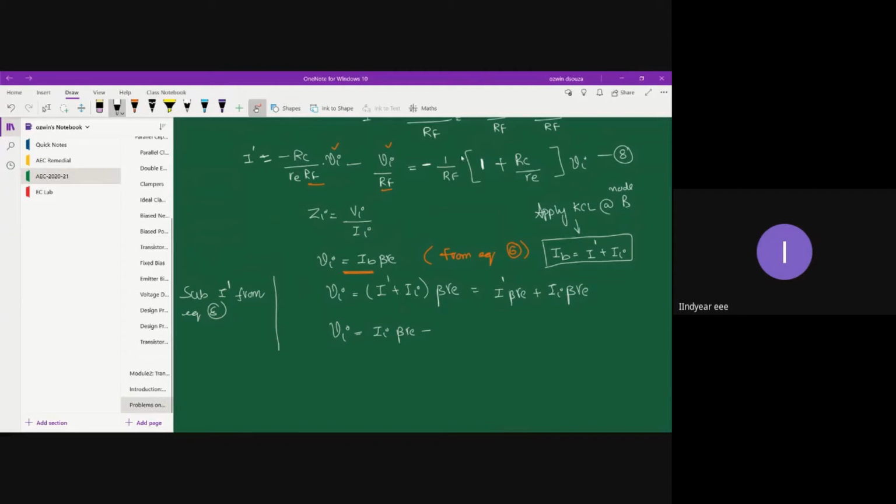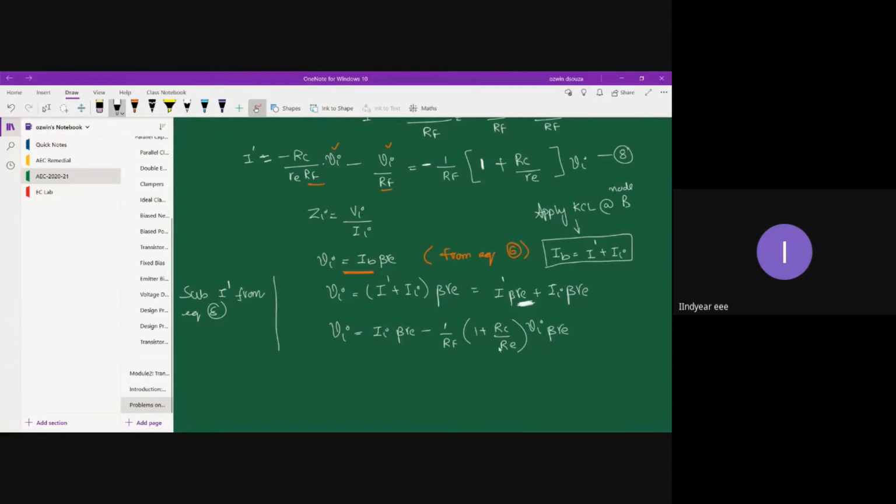Negative 1 by RF into 1 plus RC by RE into VI, into beta RE. The term which is associated with I dash, so VI into beta RE.